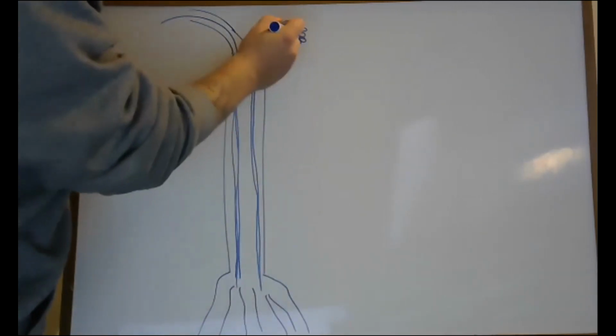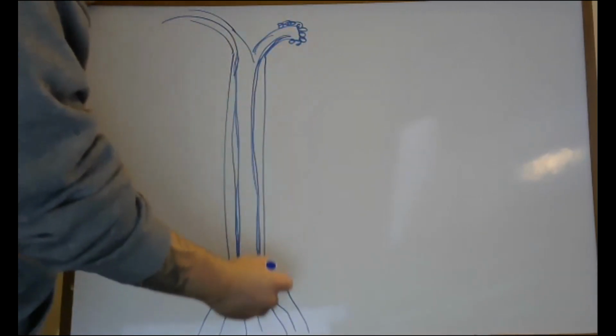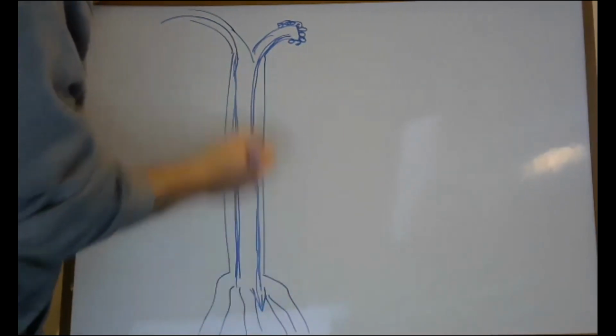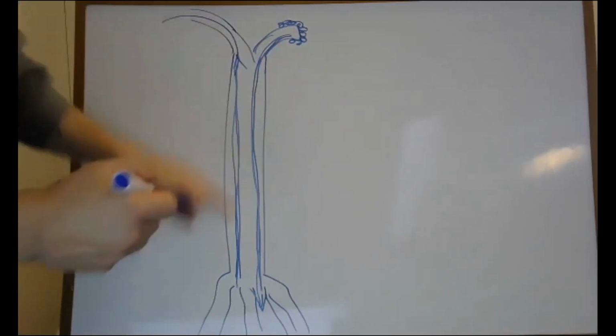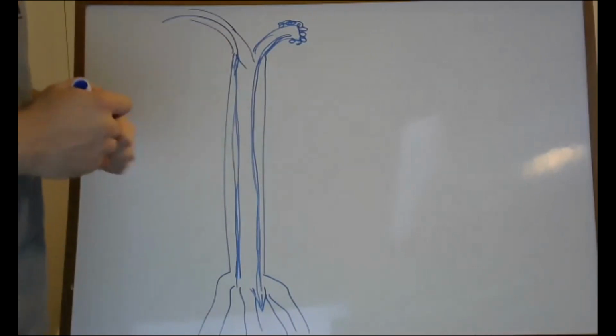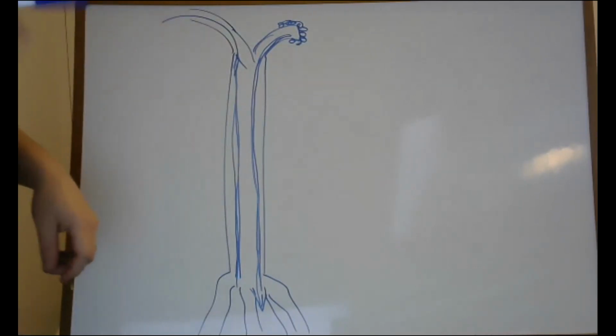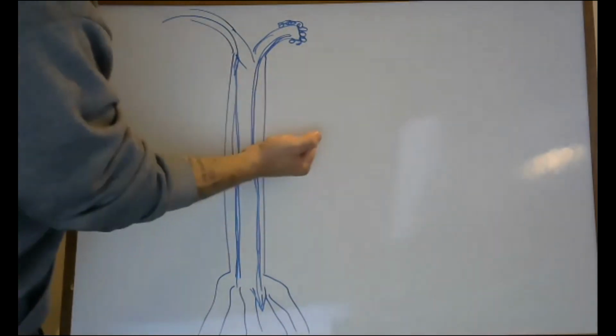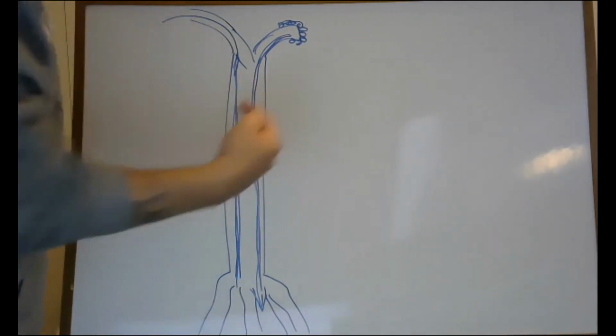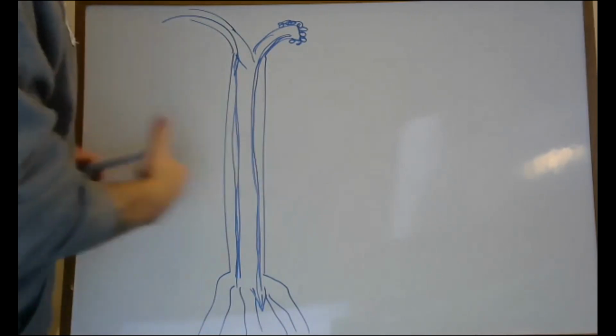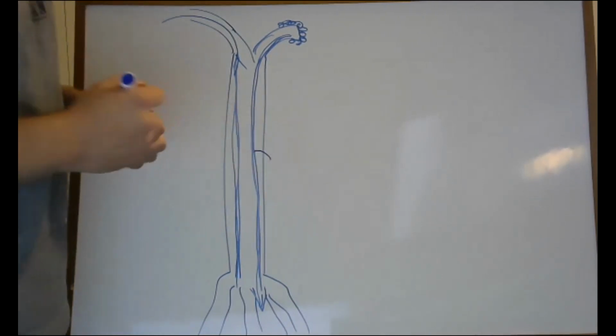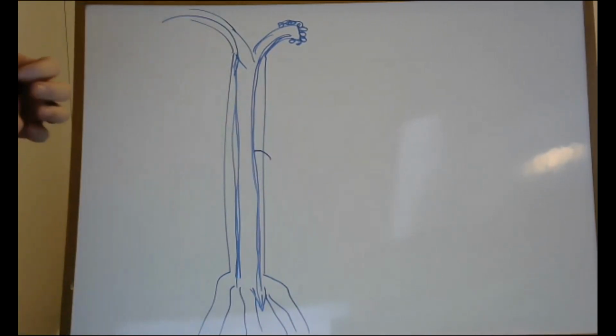So this is the sap that you see. So that's going that way, that's going that way. Water and nutrients. So if you think the human body, if I stabbed a hole in the side of that tree, it would quite literally bleed out sap, and you can see it when you do it to a tree.